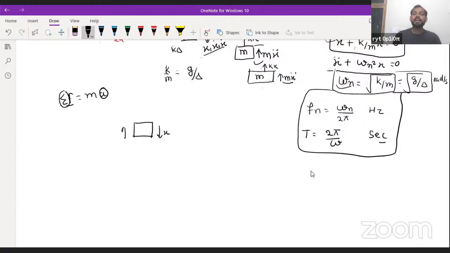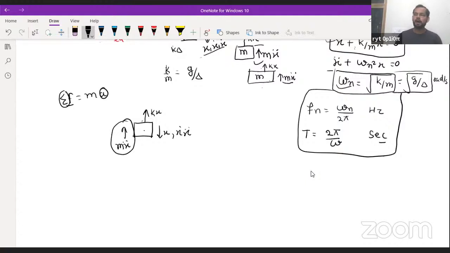So in order to bring equilibrium, we impose one inertia force opposite to the acceleration. When we consider this inertia force, we assume that the body is in equilibrium. Now, what about the spring force? Because the spring is stressed and its displacement is in downward direction, the spring force always acts opposite to the displacement, so it will act in upward direction. Then do the summation and you get the equation of motion.